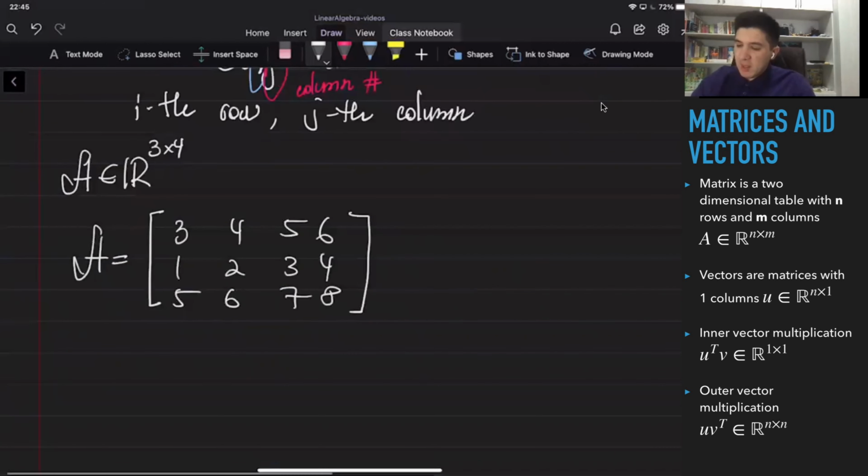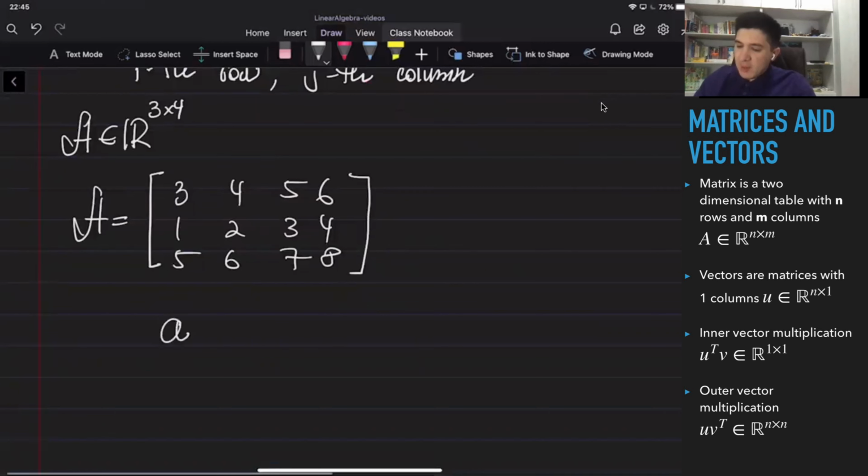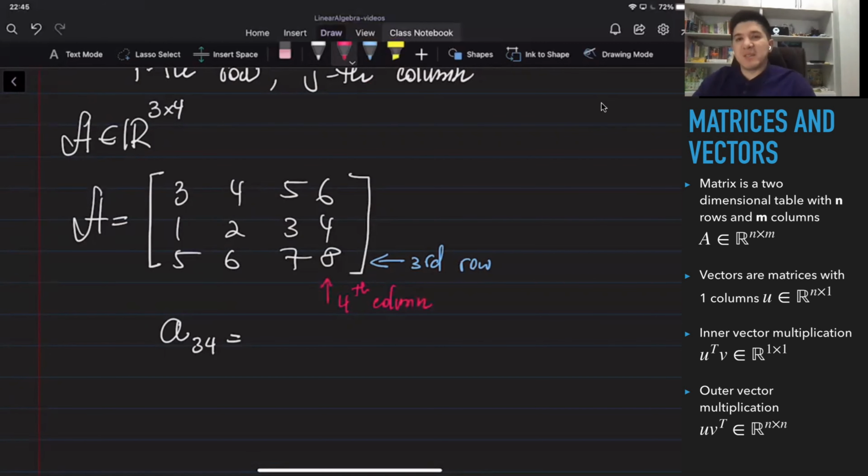If I tell you to find the element with index 3, 4, you need to go to the third row and fourth column, and get the entry located at the intersection of that particular row and column, which is going to be 8.